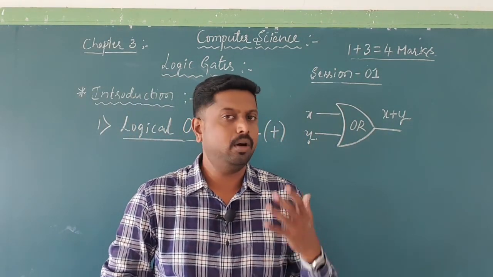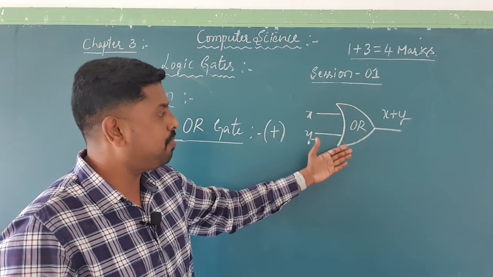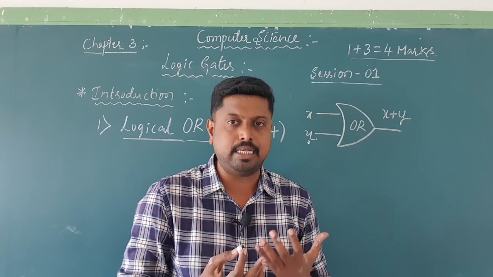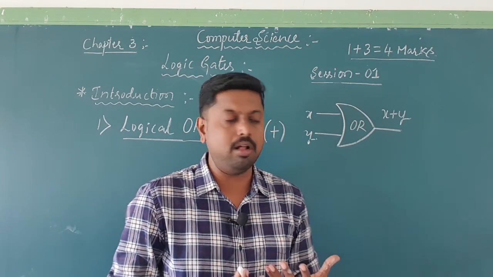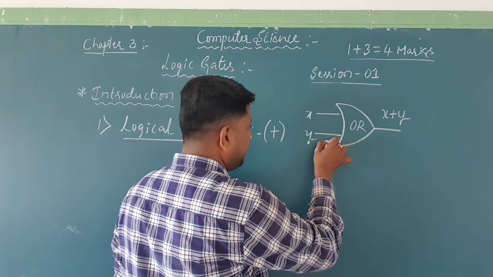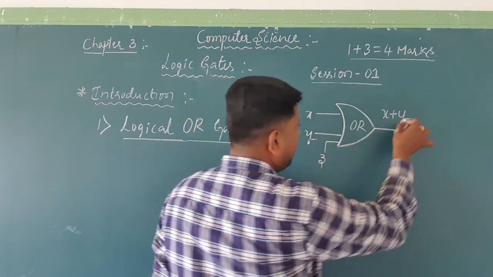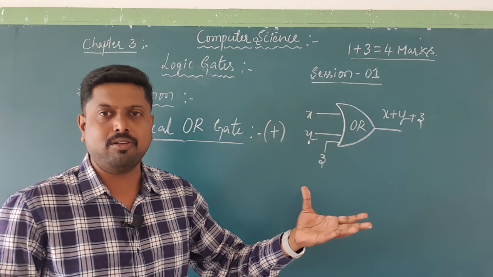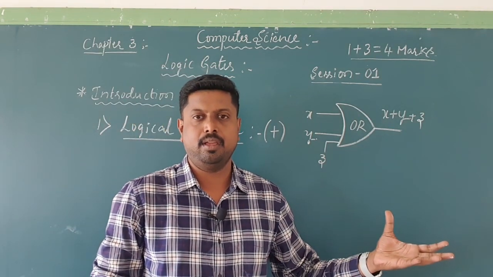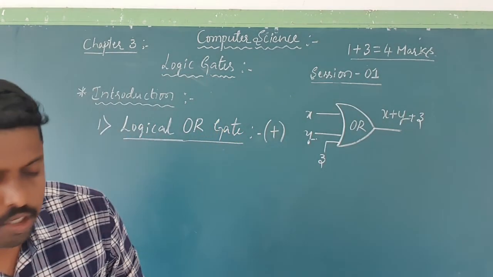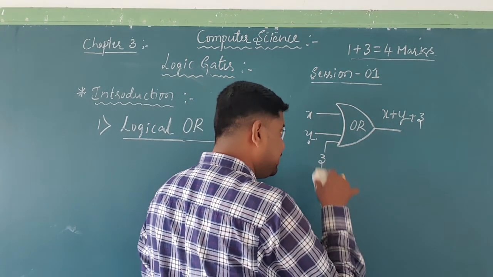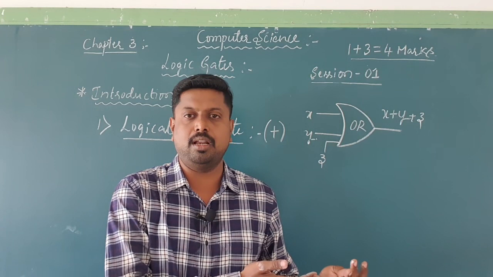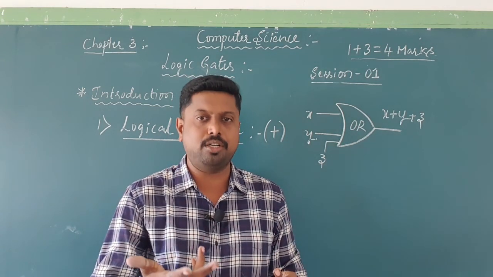Addition. With the help of this symbolic representation, yes, I have a chance to write 3-digit, 4-digit inputs also. For example, if I consider Z as a third input, X plus Y plus Z will be the output of that particular logical gate. Now I will show you one truth table for the 3-digit. Of course, in the previous logical AND gate you learned the 2-digit truth table.